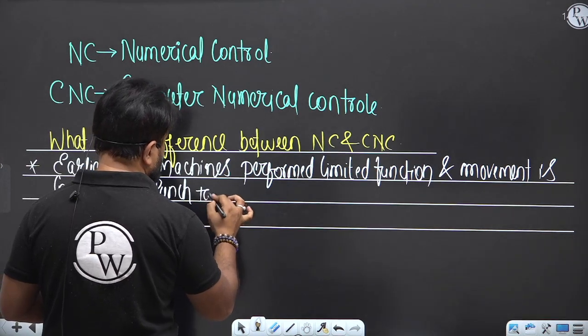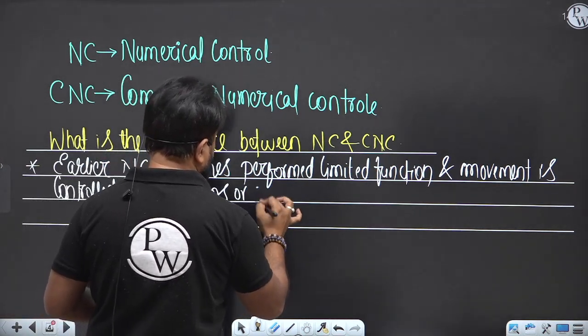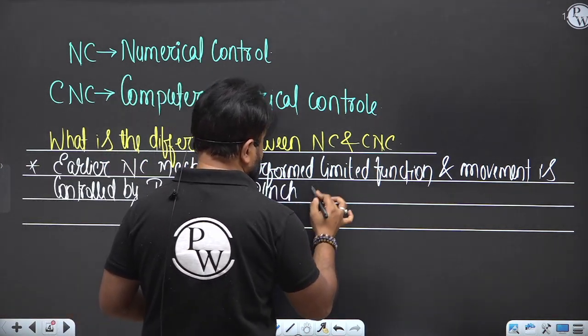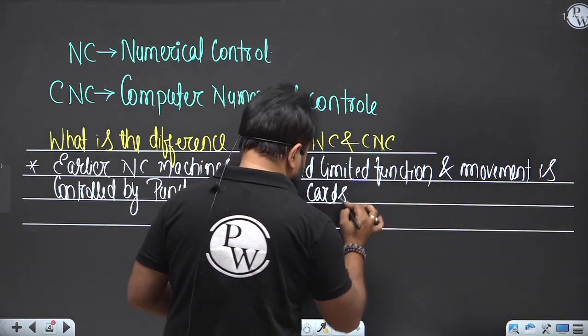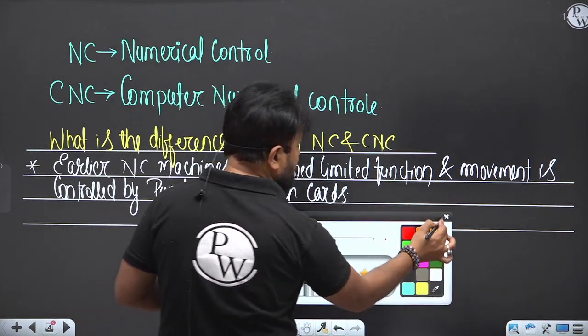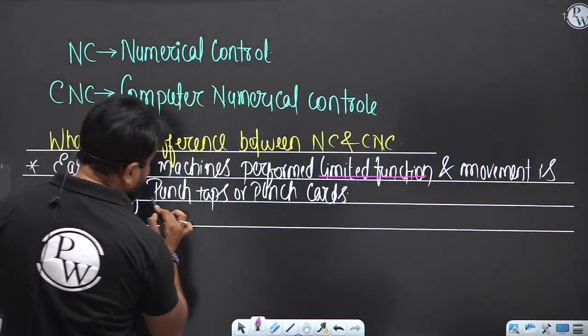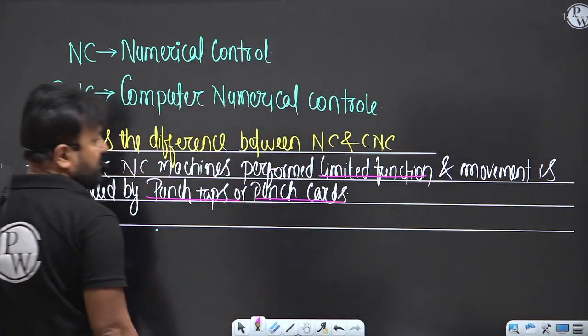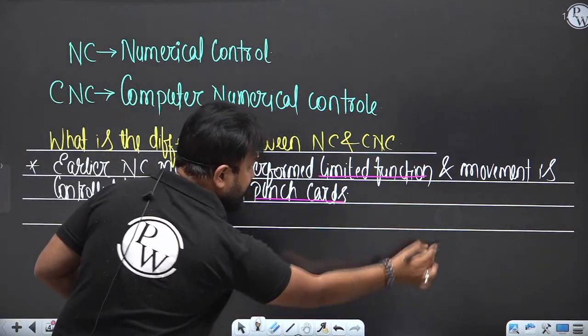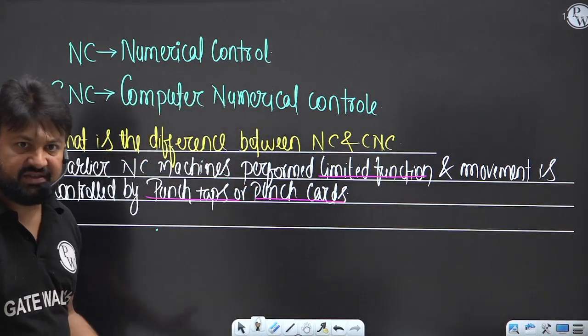So this is the very important thing: limited function and controlled by punch tape and punch card. This was the thing which we used in the earlier machines.